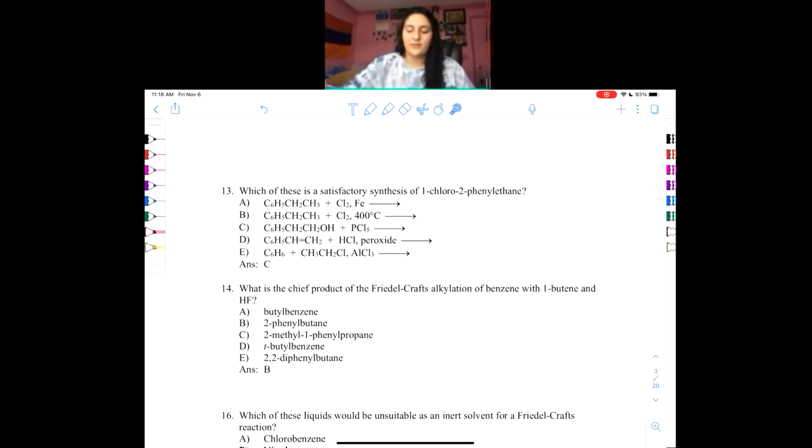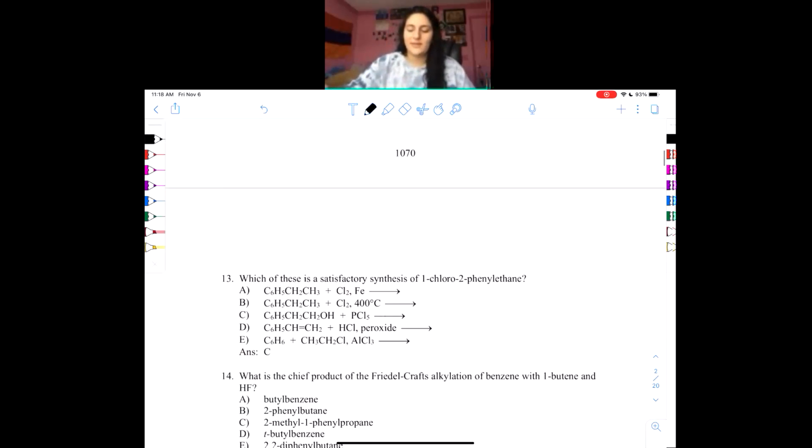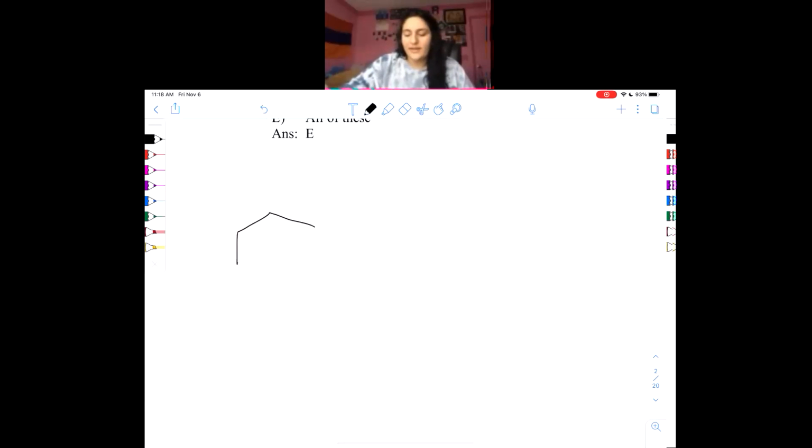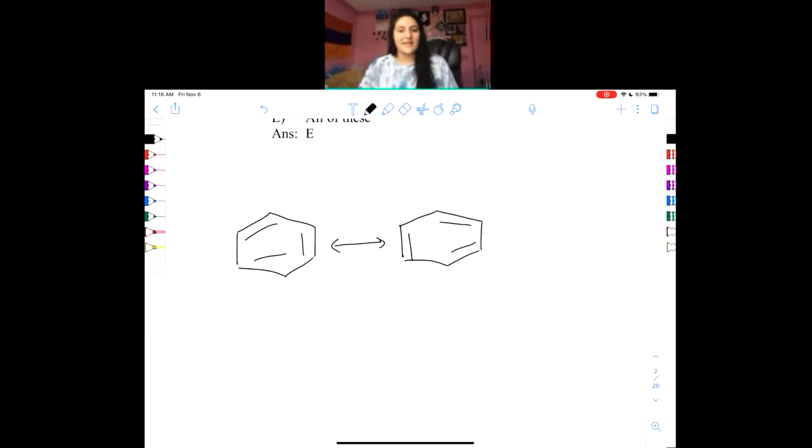And one other thing that I'm going to draw out for you guys, because it's kind of weird, but we have these two structures for benzene, right? They're almost exactly the same, but the double bonds were flipped around.